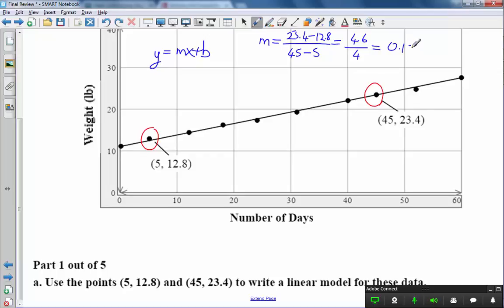Is that so? Is that right? No. 115.15. Anyhow, you tell me. That's not 4, by the way, it's 40. 4.6 over 40.